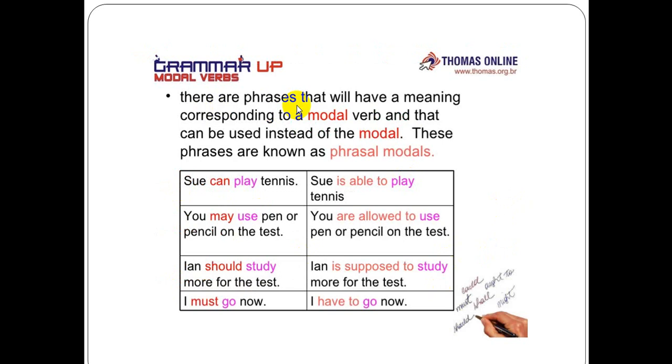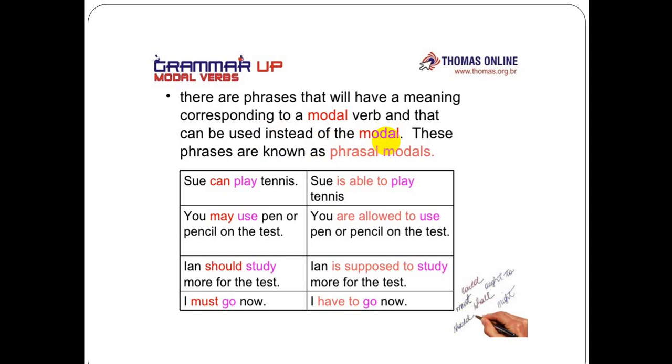There are phrases that will have a meaning corresponding to a modal verb and that can be used instead of the modal. In some cases we can replace modal verbs with something called a like expression.